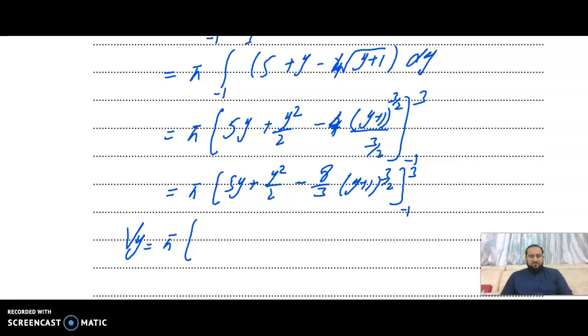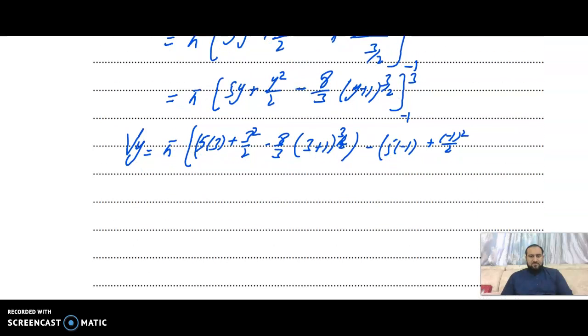So everywhere y will be replaced with 3 and then minus, so 5 times 3 plus 3 square by 2 minus 8 by 3, 3 plus 1 to the power 3 by 2, minus 5 times minus 1 plus minus 1 squared by 2, and then minus 8 by 3, so minus 1 plus 1 to the power 3 by 2. And once we simplify this, this will become 8 pi by 3.